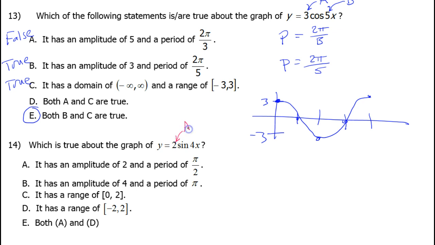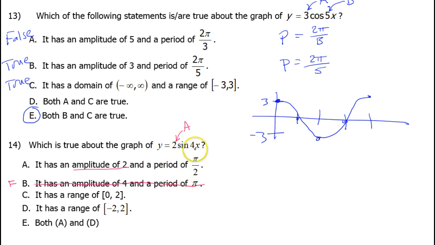I see that we have an A value of 2. So that means the amplitude is 2. That's true. That means that statement B is already false, because it says the amplitude is 4, and that's wrong. So statement B is already proven false. So what about the period?